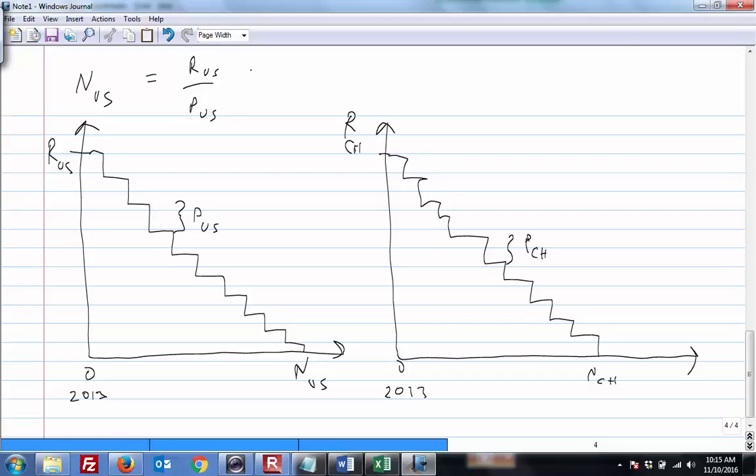Because the more you have, the longer it's going to last, and the quicker you dig it out of the ground, the shorter it's going to last. Pretty simple. N China, the number of years left, equals the reserves in China over the production in China. And that's it. Just plug numbers in and you go. And now we have a model.